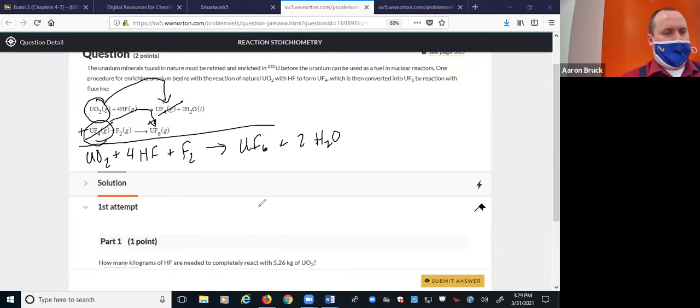Well, doesn't it have to do that first step? I mean, that's the first one that has to happen, right? Yes, it does, but, and here's the important but, all of the UO2 gets turned into UF4. So if I figure out how much UF4 there is, I can then convert the UF4 into UF6. I don't need to convert to grams in every case. I can convert to moles, and then convert the moles of one thing into the moles of another thing.